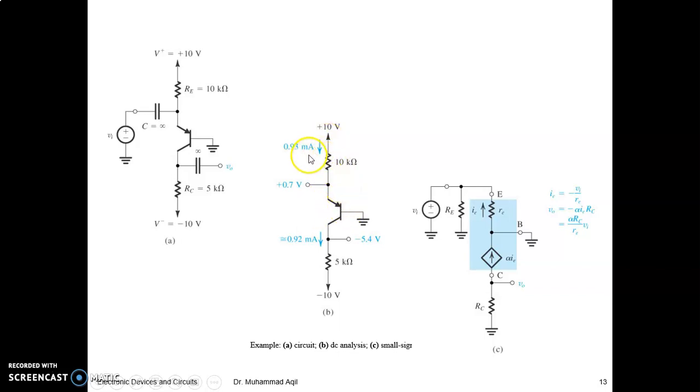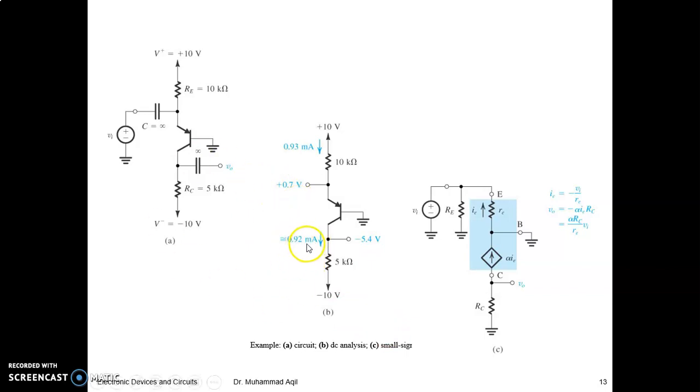And if you have a beta, you can find the alpha, and alpha multiplied by this emitter current will be your collector current. If alpha is not given, you can take the collector current the same as the emitter current, because the collector current is almost the same as the emitter current, since you have very low base current, right? So it's up to you.